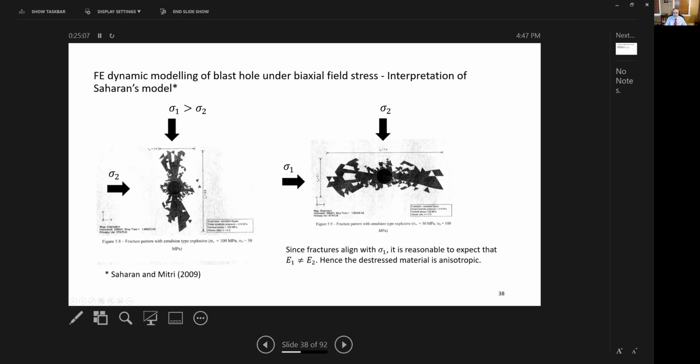Which means that the resulting E1 and E2 will not be equal. If you reverse the direction and put sigma 1 horizontal, again, you will have the principal fracture orientation parallel to sigma 1. So based on that, he suggested 3 alphas and 3 betas, the anisotropic model. We will come back to this at the end.